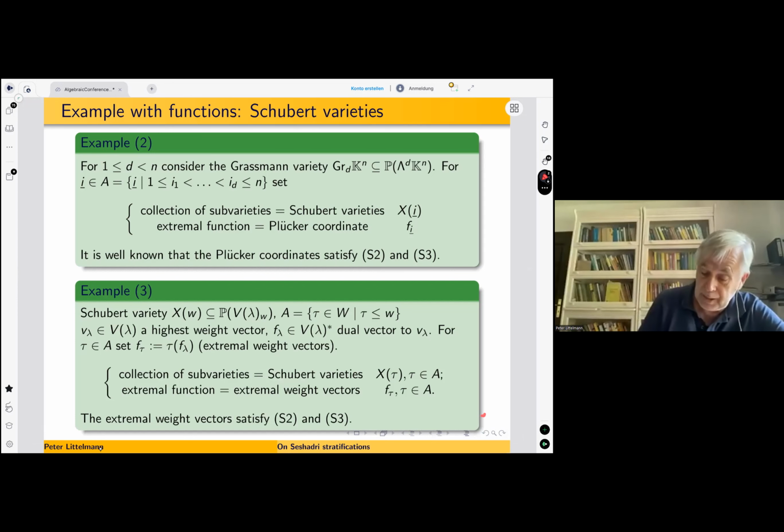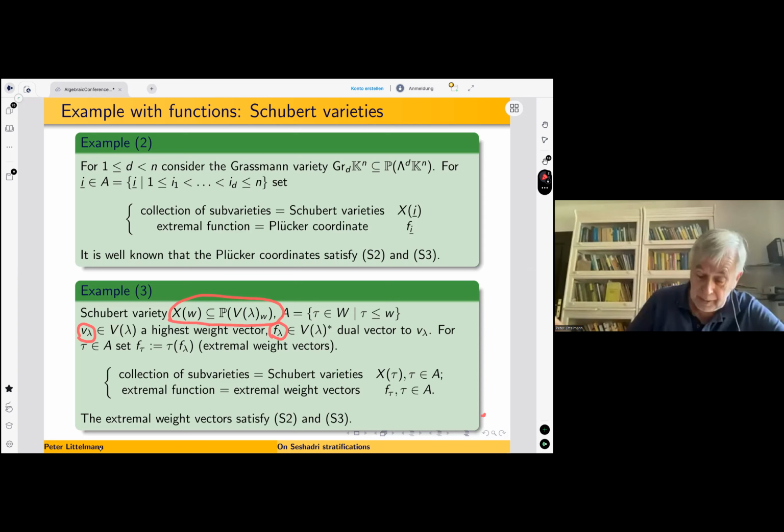Now, this does not only hold in the case of Schubert varieties in Grassmann varieties, so it's actually general. Let's go back to the other example we had, where we have a Schubert variety embedded in the Demazure module of an irreducible representation. I have now to explain to you what is the replacement for the Plücker coordinates. I take a highest weight vector, then I go to the dual space and take f_lambda, the dual vector to v_lambda.